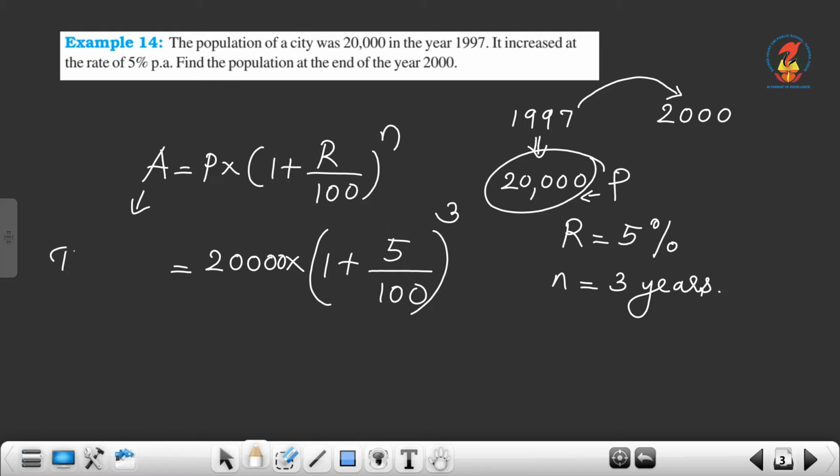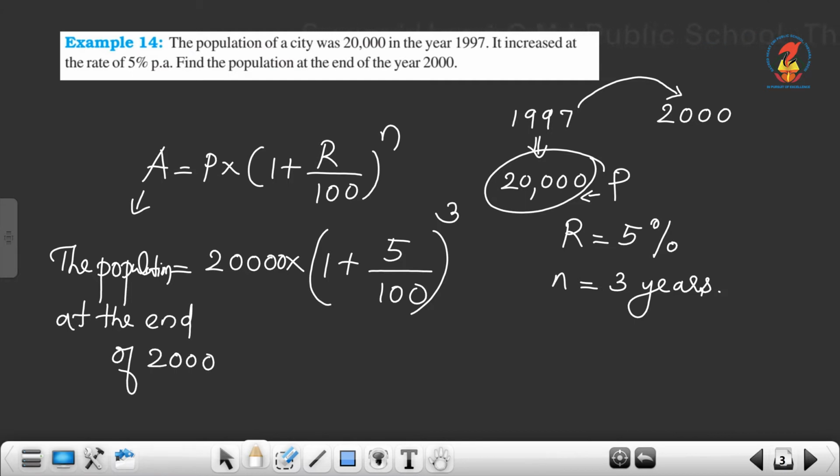A stands for the population at the end of 2000. Therefore, the population at the end of 2000 is equal to 20,000 into 1 plus 5 by 100 all raised to 3.